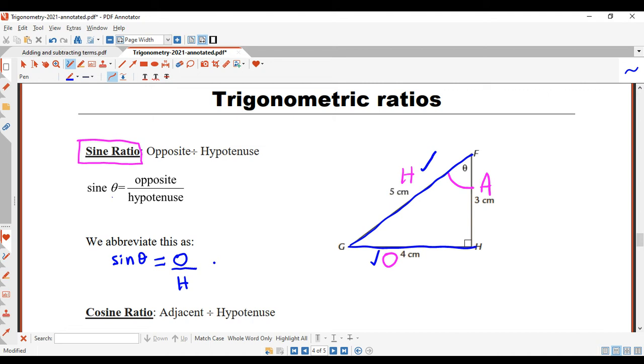So in this case, we would write down sin theta equals 4, and the hypotenuse is 5. So the ratio of the opposite side to the hypotenuse with respect to the angle theta is 4/5. We call that the sine ratio. So the sine ratio is the opposite side to theta divided by the hypotenuse.